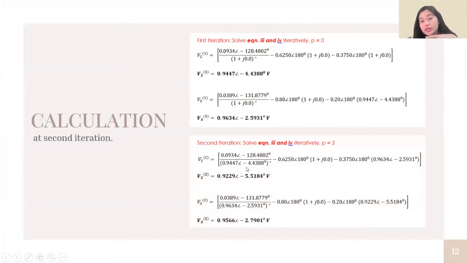So, instead of inputting sa calculator na negative 4.4388, is that we have to put positive. Okay? So, since V1, itong katabi ng ating second term is that same pa rin na 1 plus J00 since slack bus siya and it's constant along the way. Next is that ito ay V3. So, our V3 na sa first iteration natin is yun ang isa-substitute natin yung values.